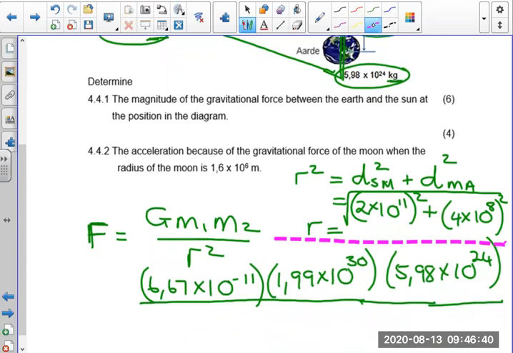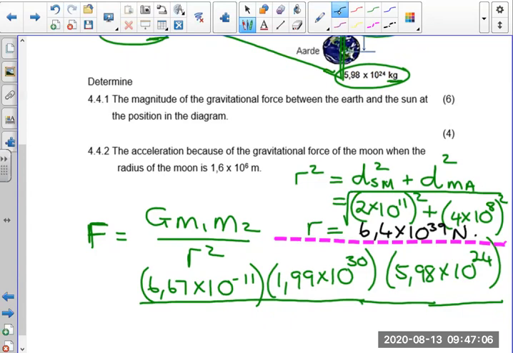Okay. Now the radius that you're going to get there, let's quickly work it out, because I only have the final answer here, is 2 exponent 11 squared plus 4 exponent 8 squared. And then the answer is going to be 6,4 times 10 to the power of 39 newtons. Okay, that's the answer.